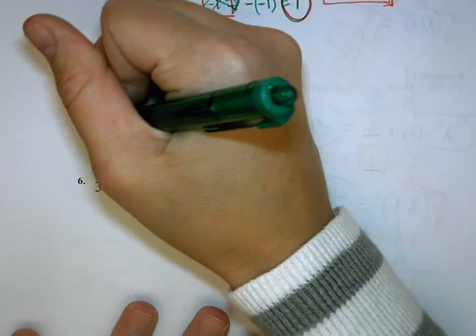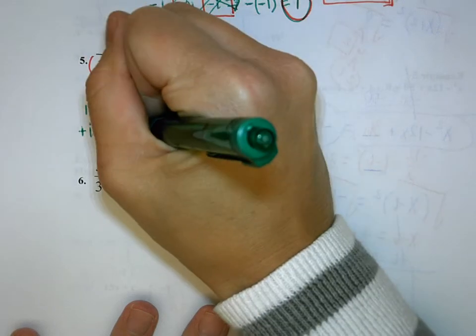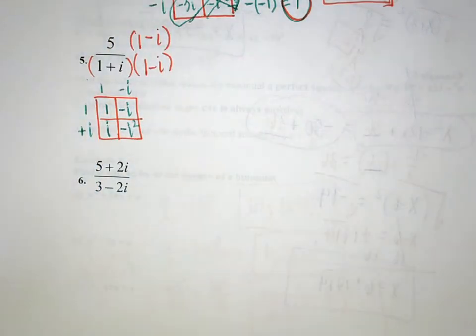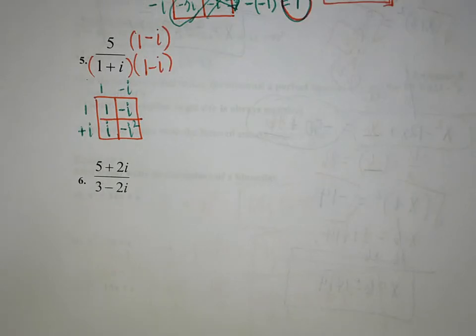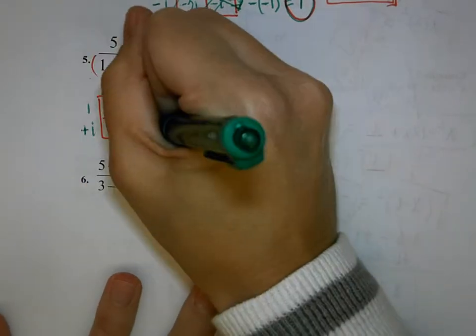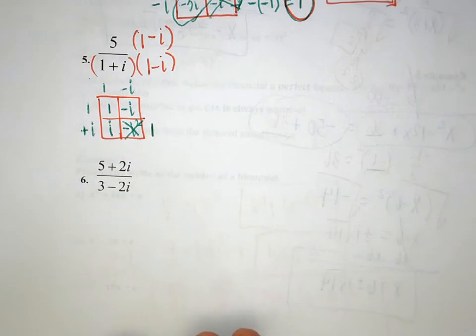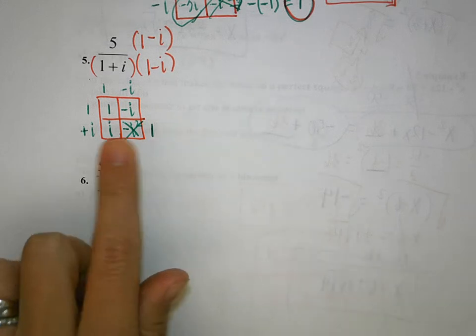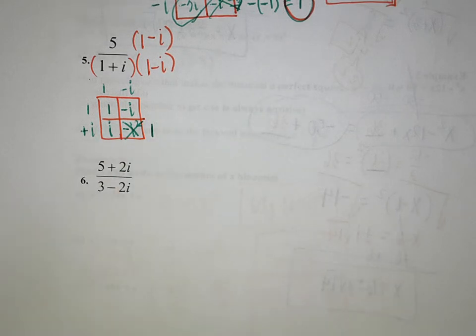And then i times negative i is negative i squared, which we know is actually going to change to what? Positive 1, because we'll have a negative 1, right? So I'm going to cross this out and put a 1 here. So negative i squared is going to change to positive 1, which we just did on the previous example, correct? Okay, the whole purpose is to get rid of the i's.